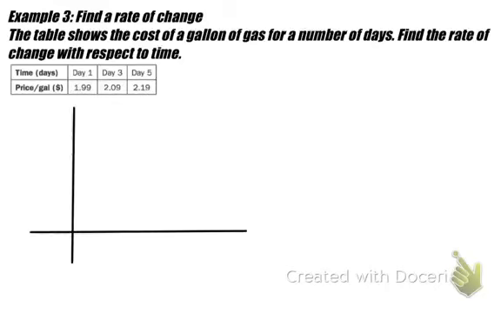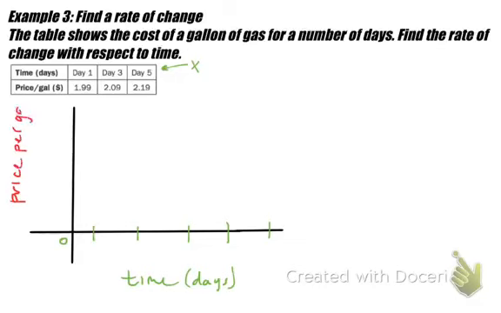So if we were to actually graph it just to take a look at what it looks like, we have our x values, which would represent our number of days, so it's our time. Okay, so we have 1, 2, 3, 4, 5, and then on the y-axis we'll have our price per gallon in money, and label our tick marks at 25 cents, 50 cents, 75 cents, going up by 25 apiece.